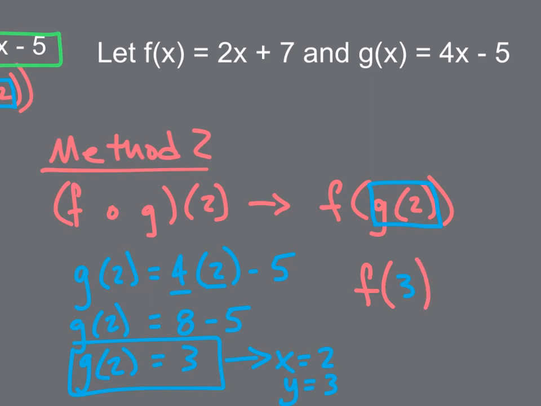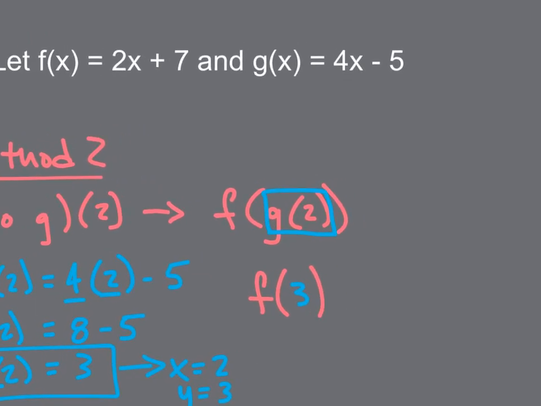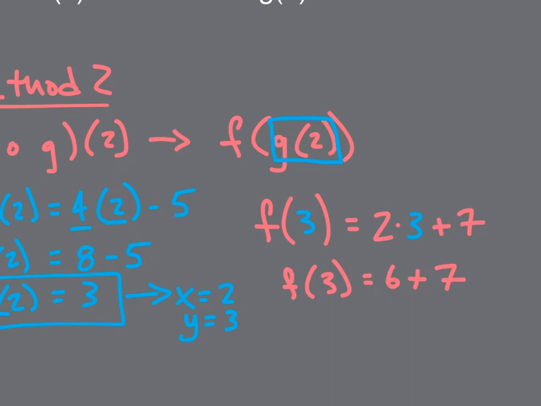Now check out what we're going to get here. If I do f of 3, I'm just plugging 3 into my function up here. Then we're going to get 2 times 3 and then plus 7. So f of 3 is equal to 6 plus 7, which gives us 13. So f of 3 here is going to be 13.